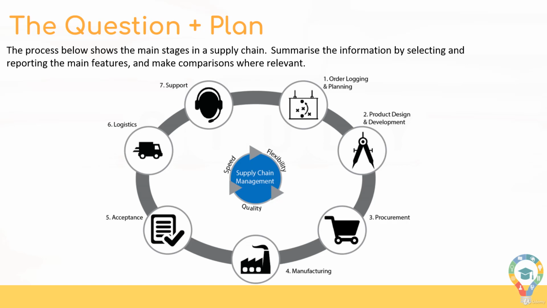You might not have a full understanding of what the process is. That's perfectly fine. It's not a test of your understanding of the process. It's a test of you being able to order your writing and describe the information that you see. So just remember that when you see these kinds of questions.